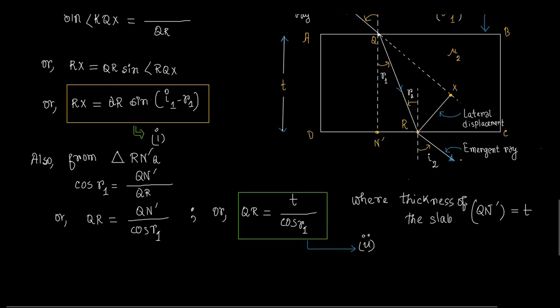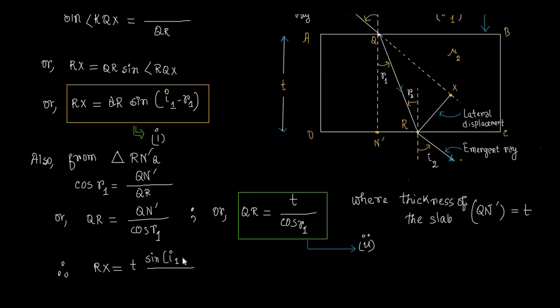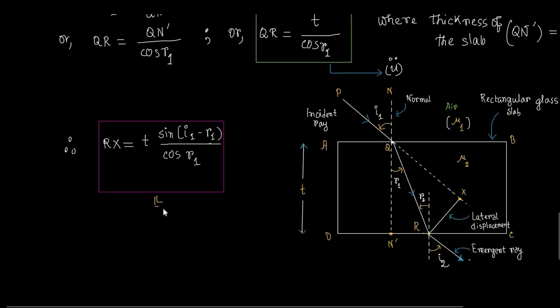Putting the expression of QR in equation 1, we get RX is equal to T into sine (I1 minus R1) whole divided by cos R1. That is the first expression of lateral displacement.